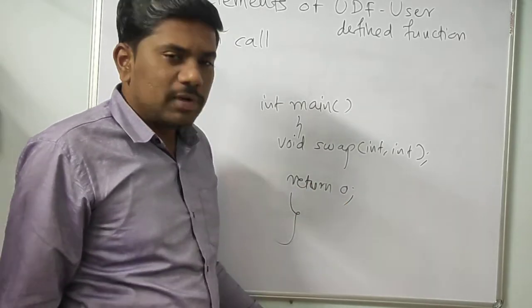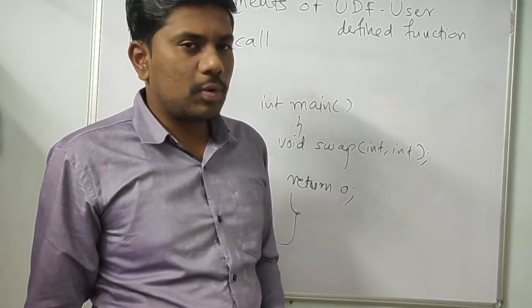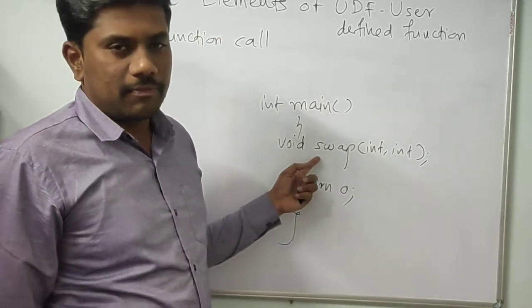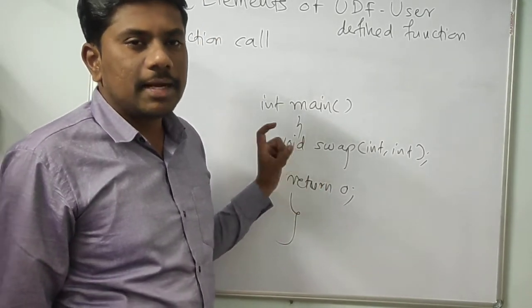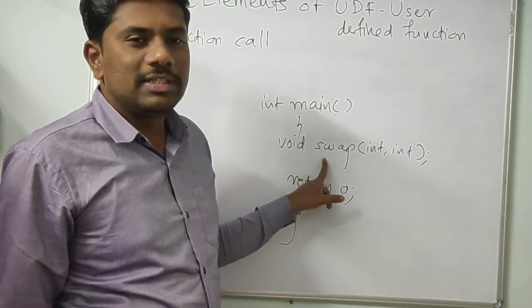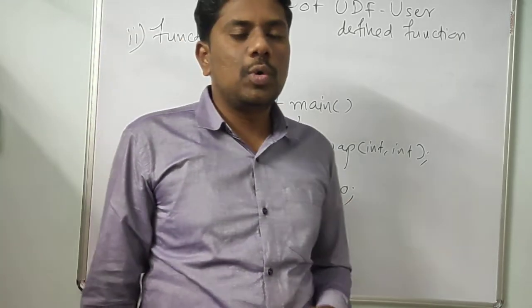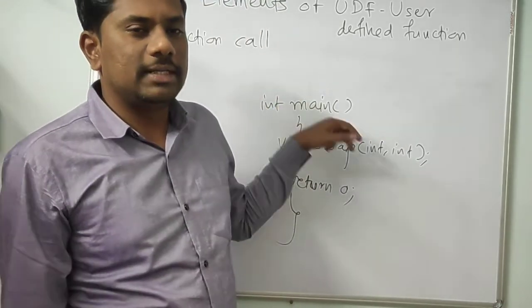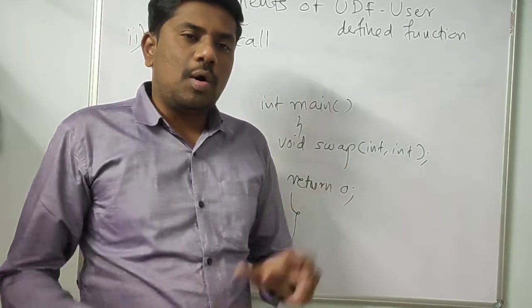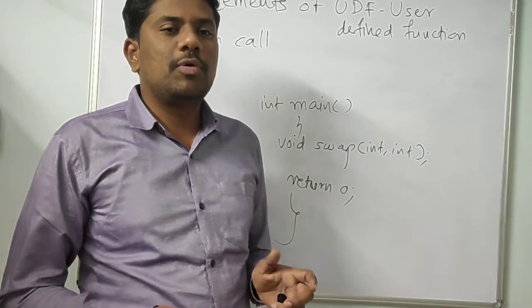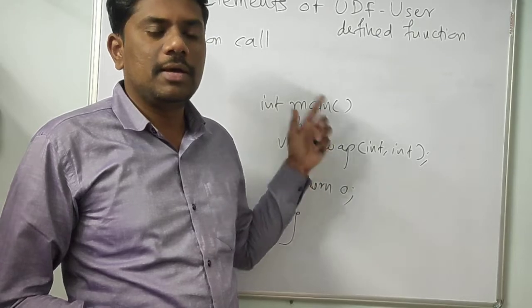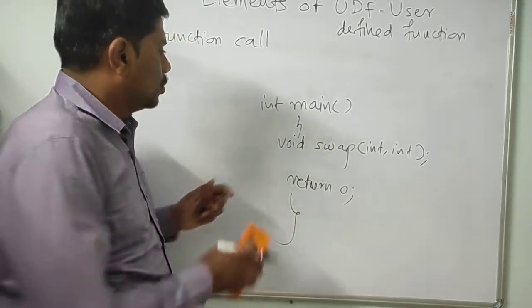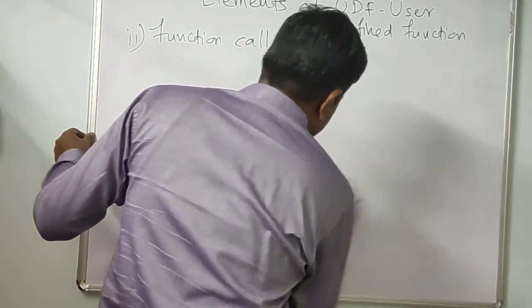Other functions in your program don't know about this swap function. If you declare swap inside main, only main will know about it. That's why we always declare our function globally, that is before main, so that all other functions will know about your function. This you should also remember in function declaration.